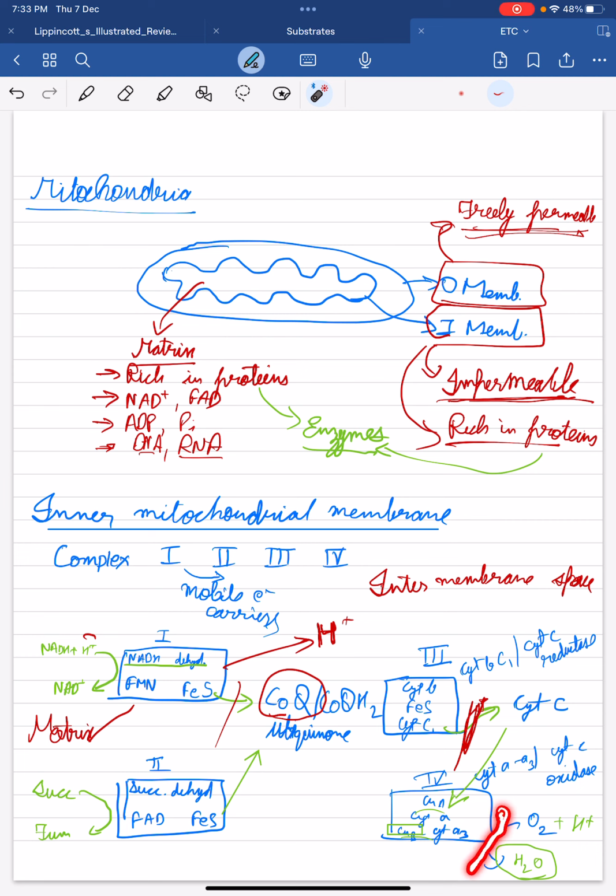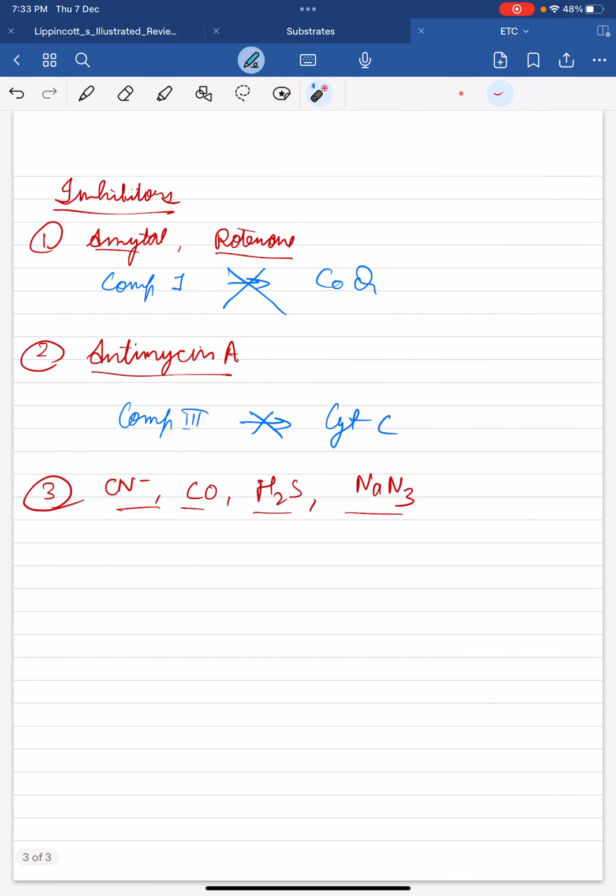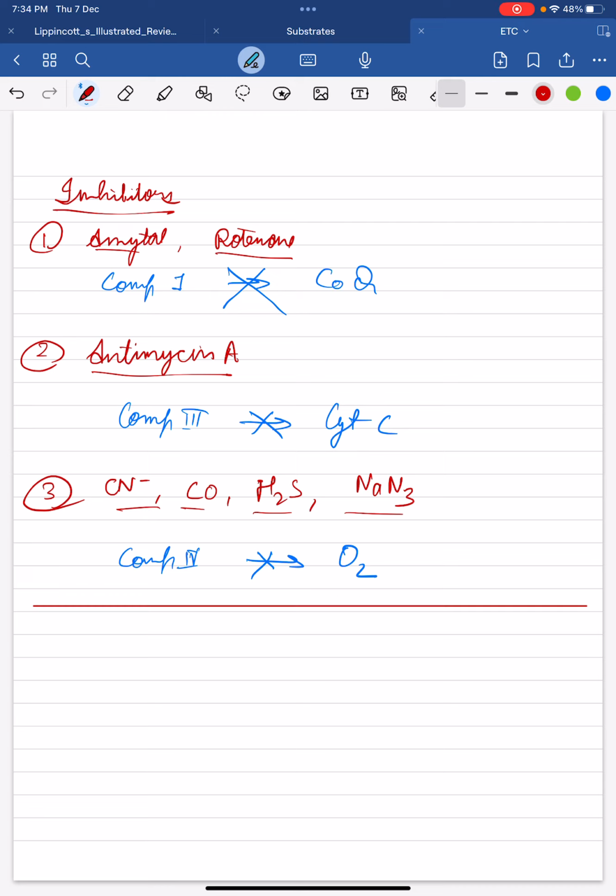That is, they stop the electron flow from complex 4 to oxygen. So the complex 4 electrons aren't transferred to oxygen. So these are the three types of inhibitors which can interfere with the electron transport chain.